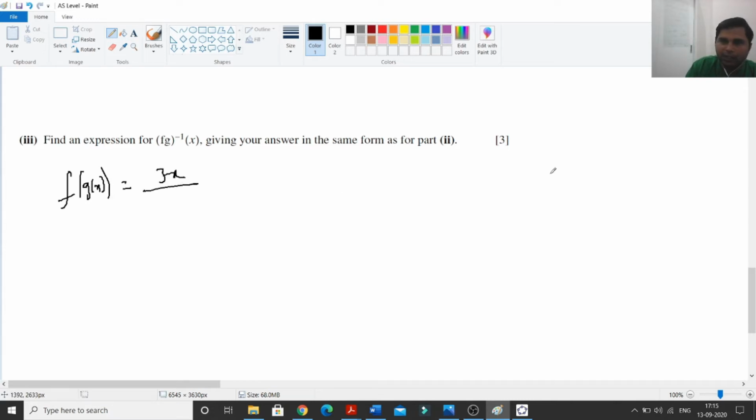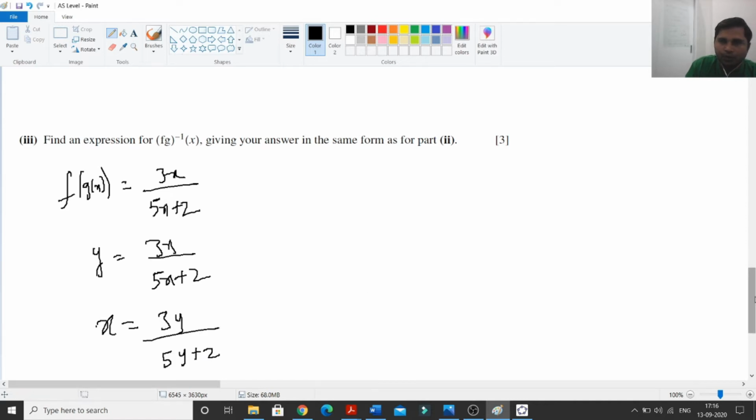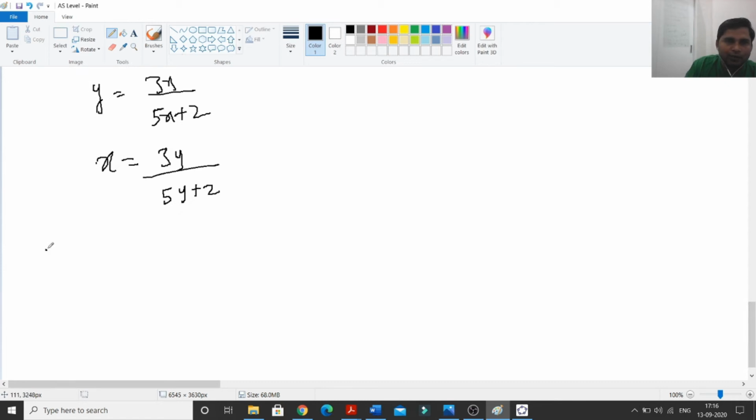To find out the inverse, we will follow the same method we were following till now. We will replace this with y is equal to 3x divided by 5x plus 2. Now we'll interchange y with x and x with y. So this will become x is equal to 3y divided by 5y plus 2, right?